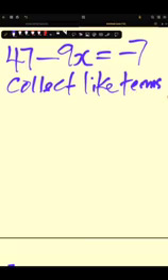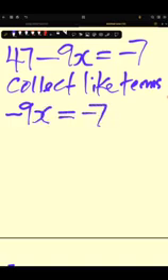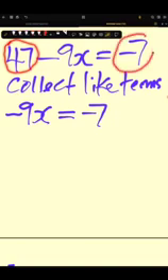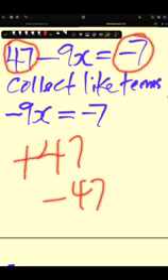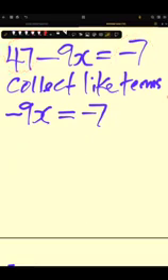I'll collect like terms by saying minus 9x is equal to minus 7. The plus 47 here, when it moves to this side, will become minus 47.